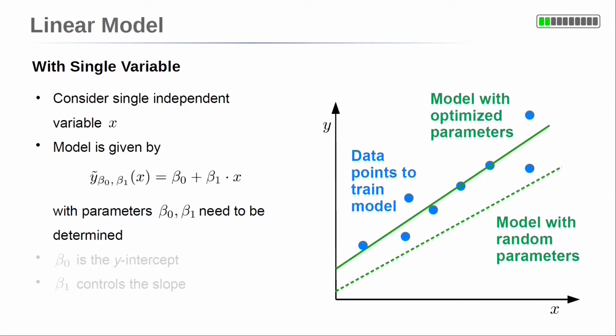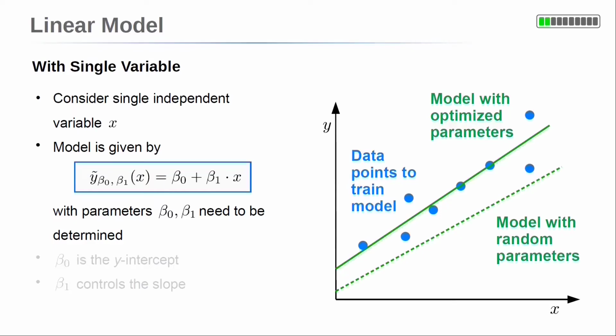And in this lecture, we start with a simple but very important type, the linear model. At first, we take a look at the simplest version of this model. We take only a single independent variable x into account. This linear model y tilde is given by beta 0 plus beta 1 times x.